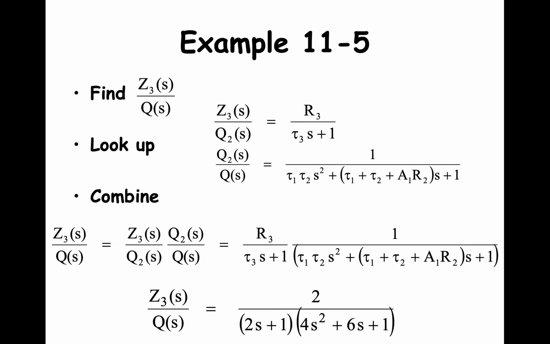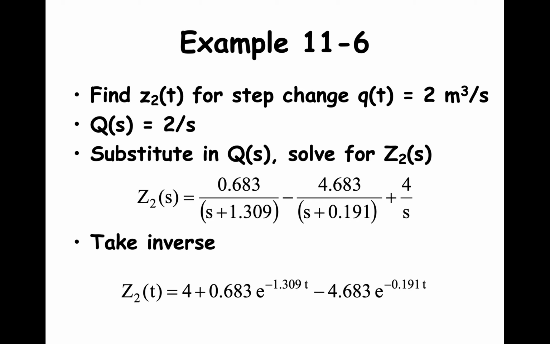After combining and substituting in the value, we get the transfer function z3 over q shown at the bottom of this slide. Now let's say we want the time-dependent expressions for the fluid height in tank 2 for the previous problem when we have a step change in the inlet flow rate.